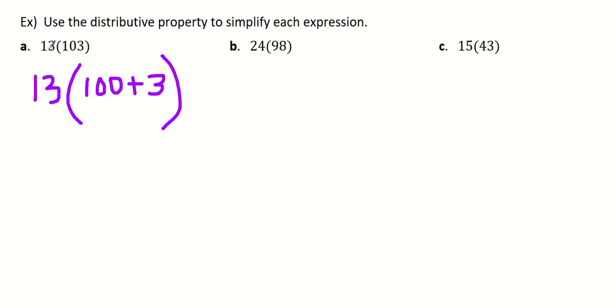Instead of doing 13 times 103 straight up, they go, well, I could do 13 times 100 and then 13 times 3 and then add those together. 13 times 100 is 1300. 13 times 3 is 39, which a lot of people can do in their head. So this is like 1339, I do believe.